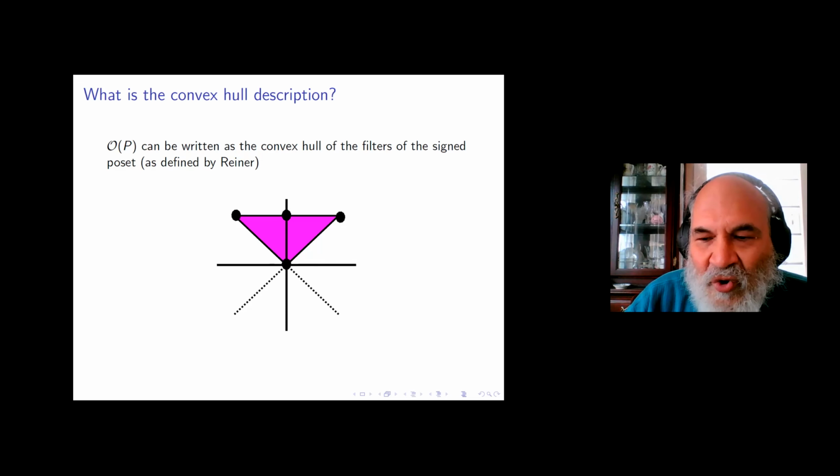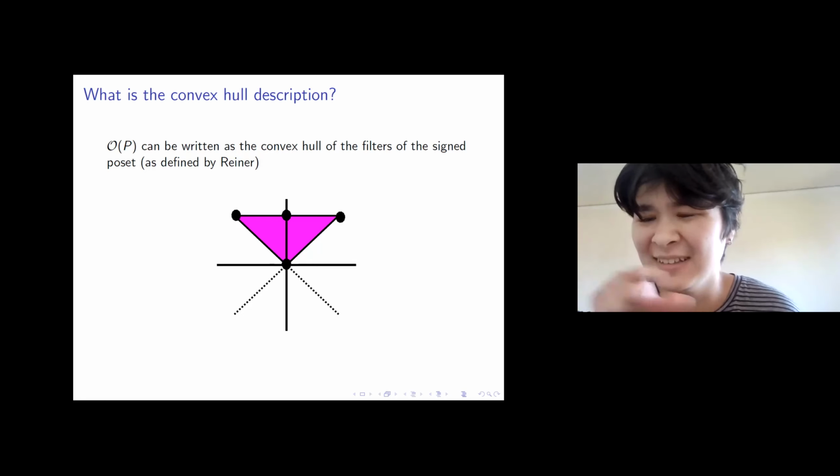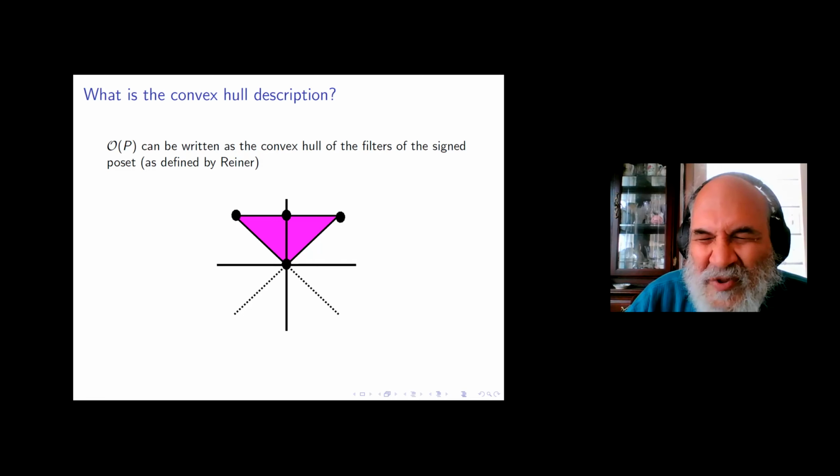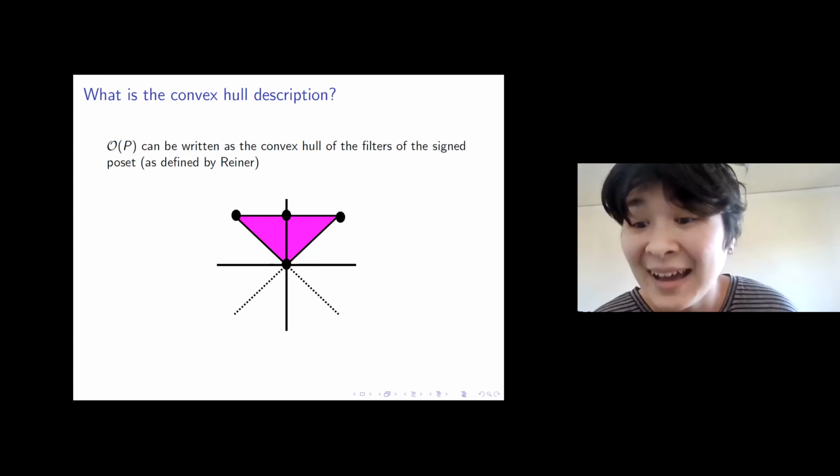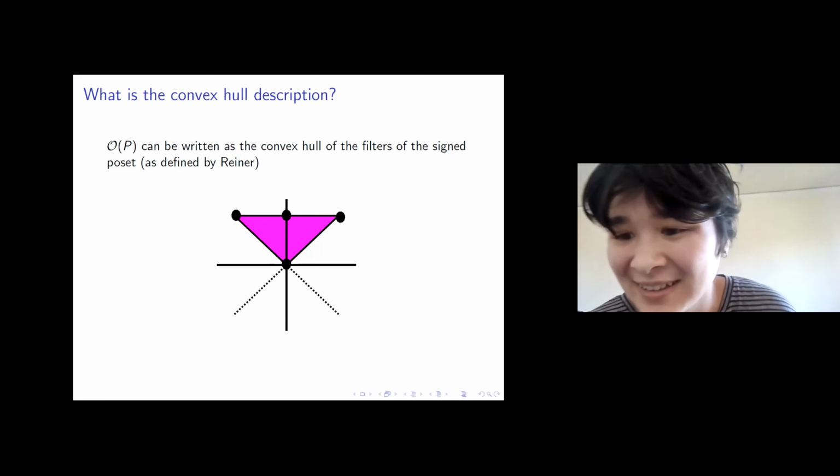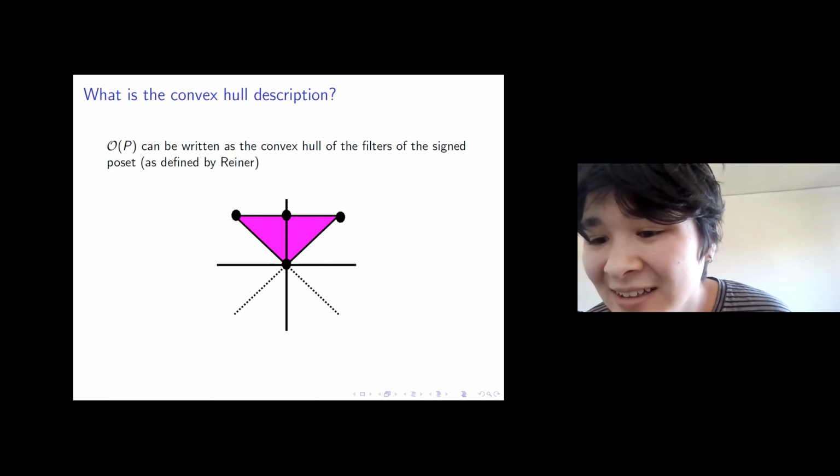Of course, they're linearly ordered, or there might be 2 of them that are equal, but they're linearly ordered, and that linear order is an extension of the poset order. Oh yeah, exactly. Thank you so much.